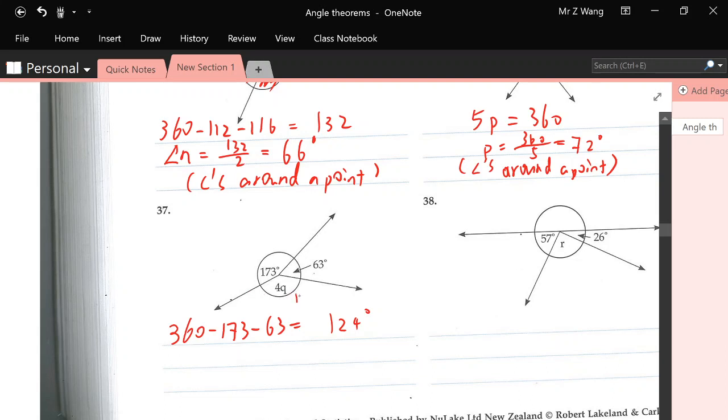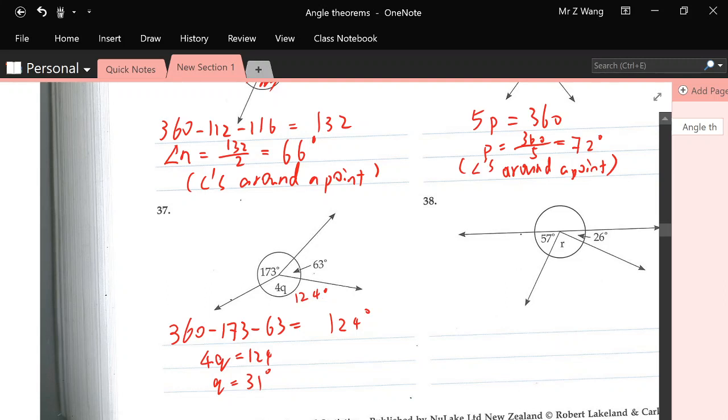Well, you can say this is the answer, 124 degrees. But if you want to figure out Q, so 4Q is 124, so Q equals 31 degrees. But then our final answer, we should really focus on 4Q.